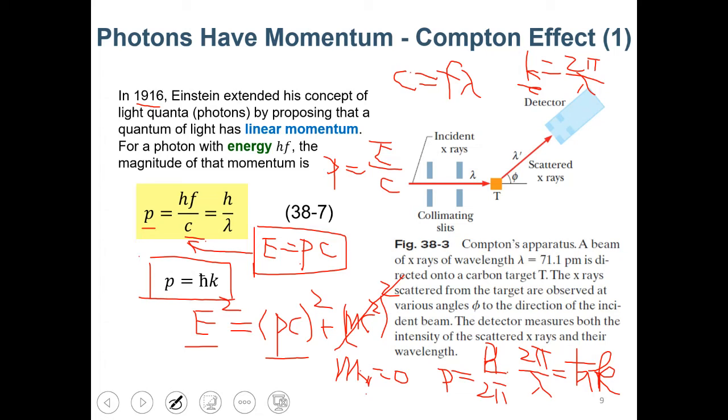But in the textbook, it does not mention the H bar notation. But I just put it here because in the Schrodinger equation, if we use the H bar, the equation will look cleaner. And this is the momentum.